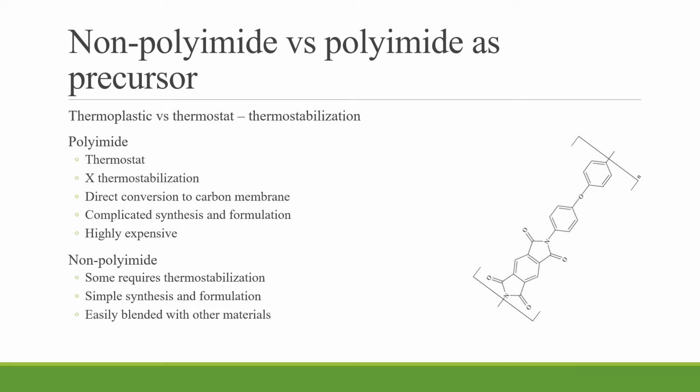The function of thermostabilization is to prevent the polymer from melting during the increasing temperature treatment. So you can have a direct conversion to carbon membrane. However, it has a complicated synthesis and formulation, and is mostly an expensive polyimide. It's very complicated to synthesize polyimide.